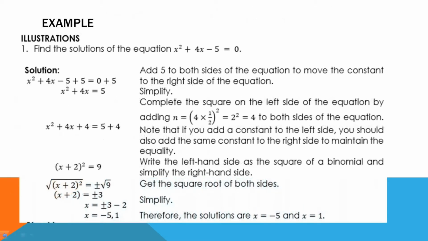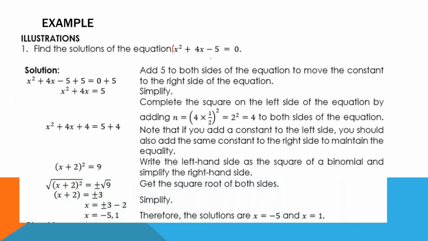So we are going to find the solution of the equation x squared plus 4x minus 5 is equal to 0. So what we are going to use is completing the square. If you can see, there is a coefficient of 1 which is not greater than 1, then we don't need to divide both sides by a.